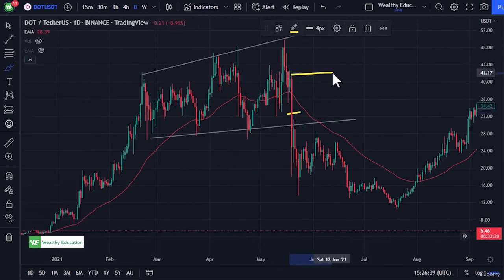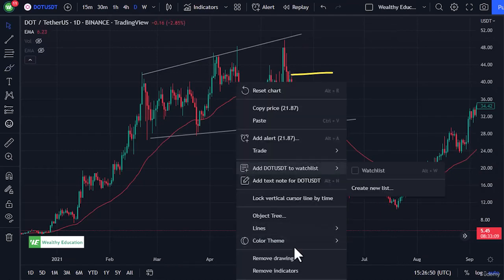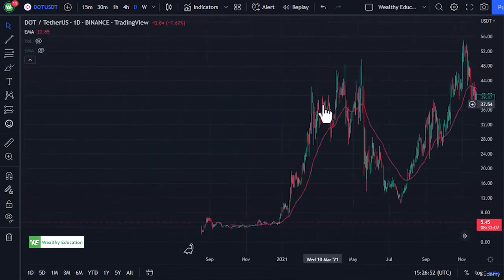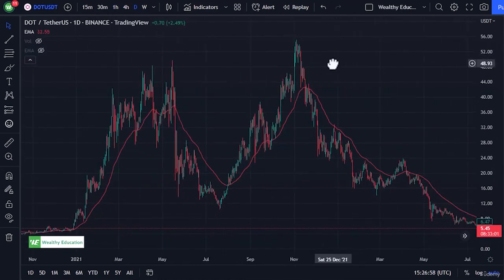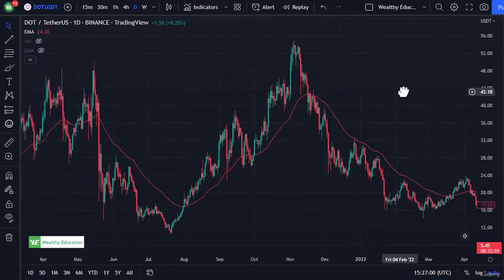If you're a little bit more conservative, you could have put it up there at the beginning of this candlestick. You can see that we got the height of the broadening wedge all the way down here pretty easily. We came back almost to the beginning of the rally, back to the last bull market, and have seen it collapse again.